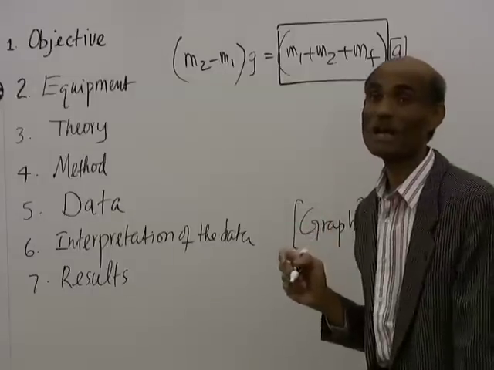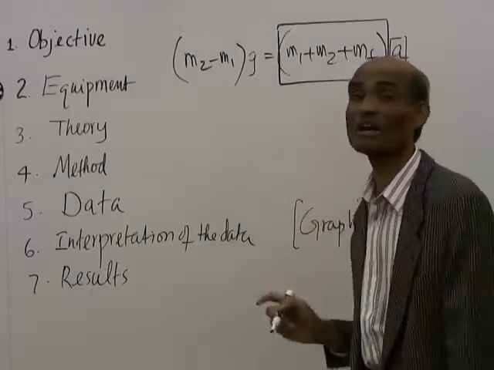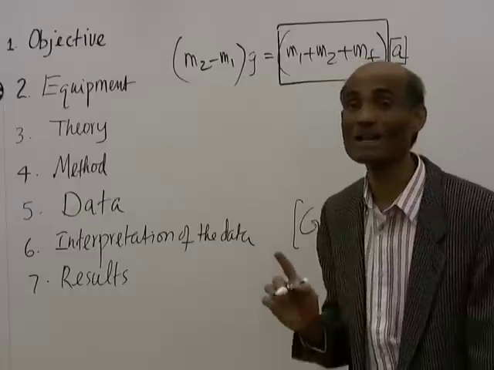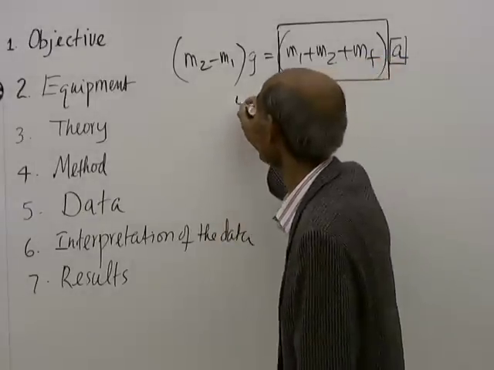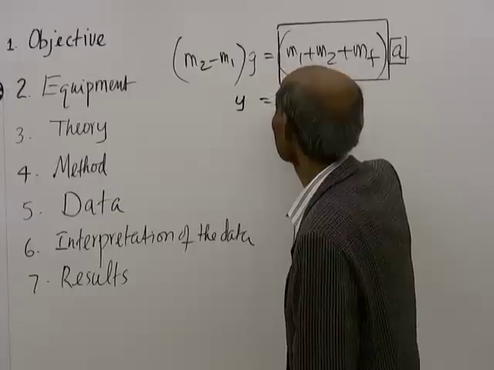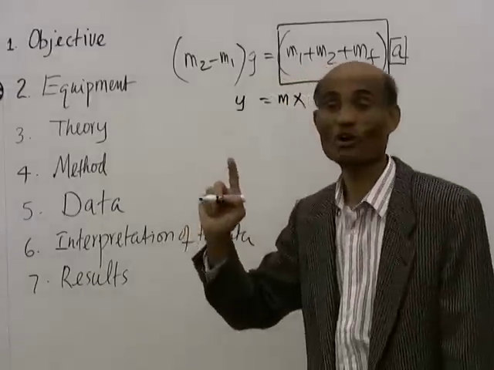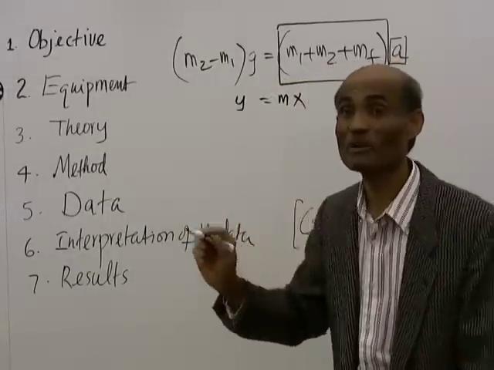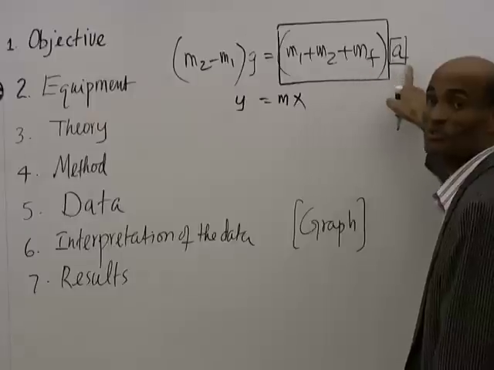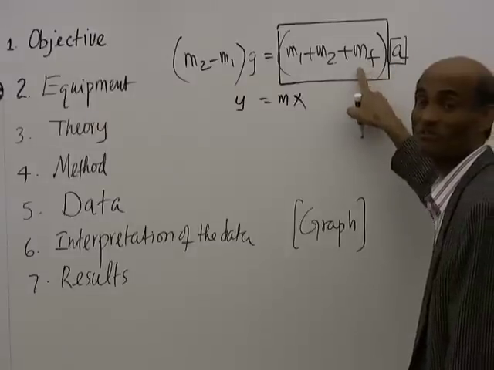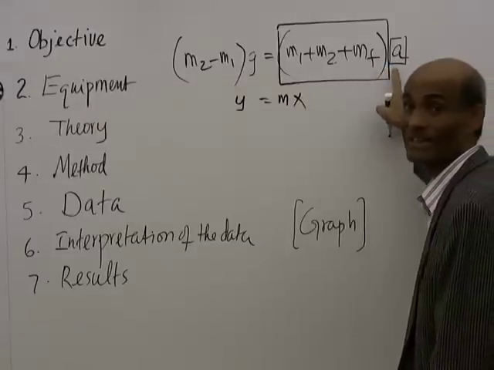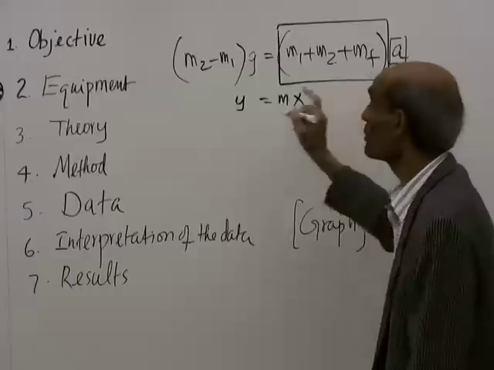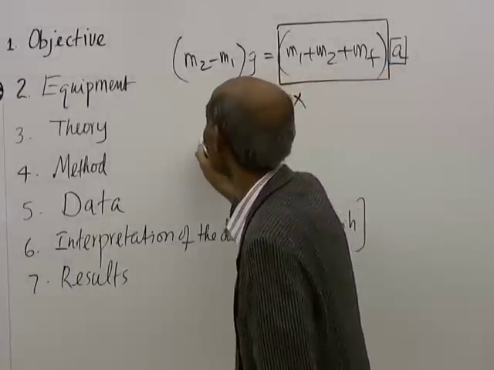Okay, now tell me, how will you write this equation in the form y equal to mx? Alright? Y stands for the dependent variable. Which of these two variables is the dependent variable here? It is a. So we solve that equation for a.